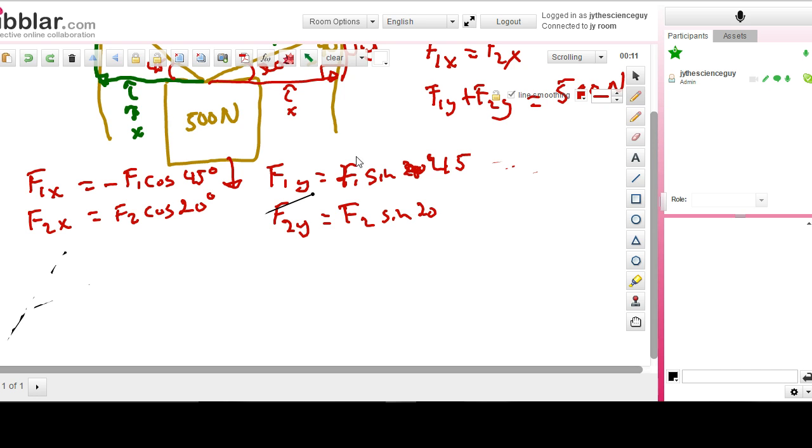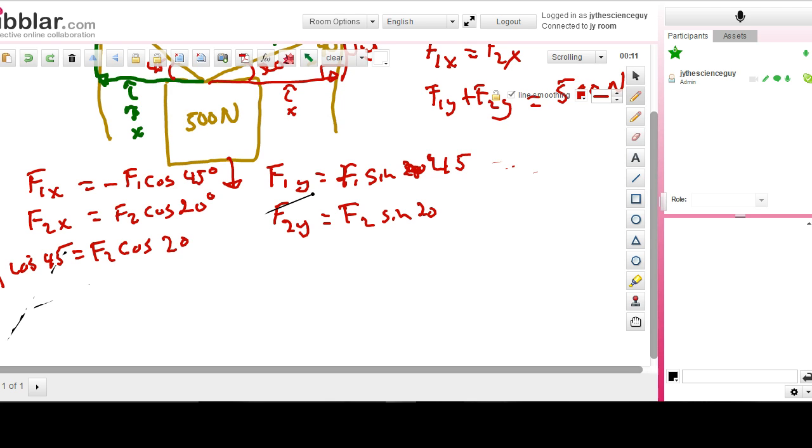Alright. So we have f1 cosine of 45 degrees is equal to f2 cosine of 20 degrees.